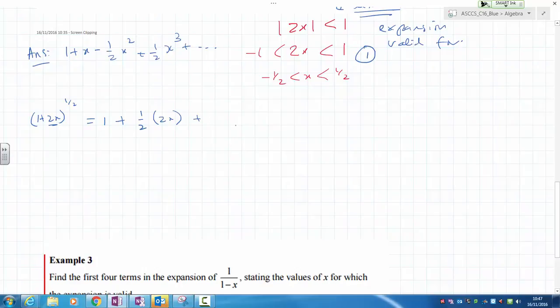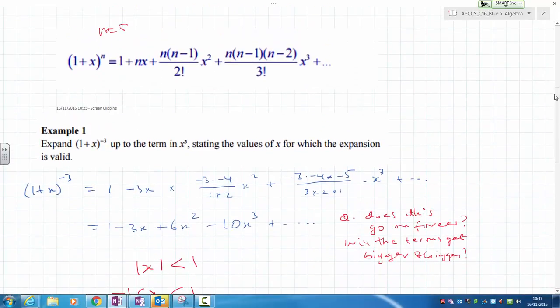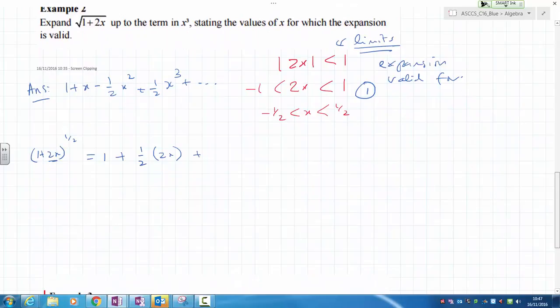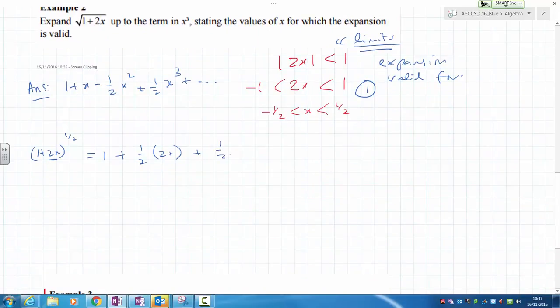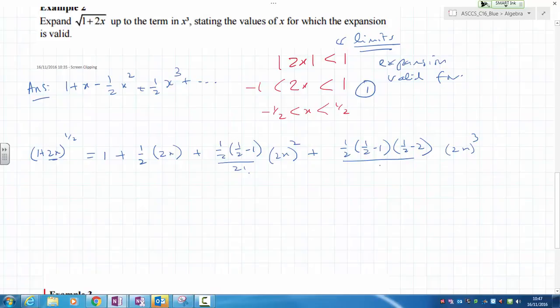Plus the next part of the formula: n times n minus 1 divided by 2 factorial times that x part, 2x, all squared, plus n minus 1, n minus 2 times the x part cubed divided by 3 factorial.